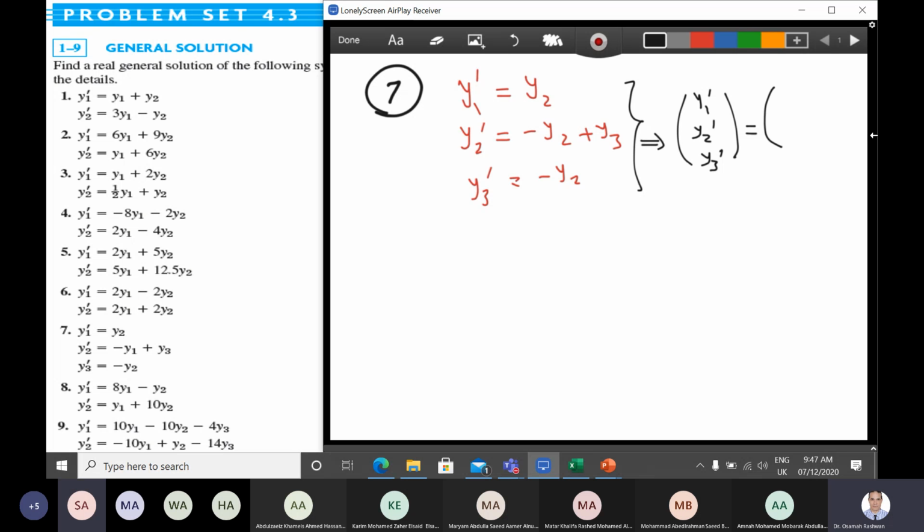Can anyone let me know what is the coefficient matrix? 0, 1, 0, then 0, minus 1, 1, and last 0, minus 1, 0.